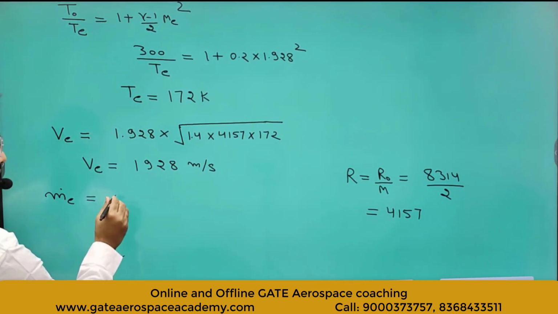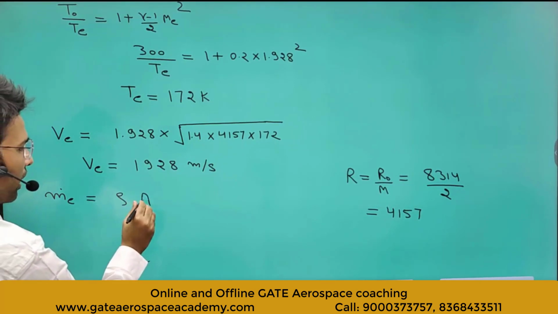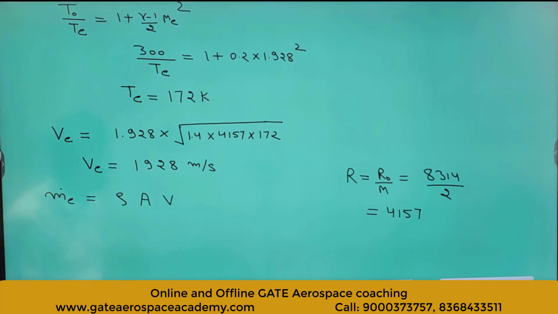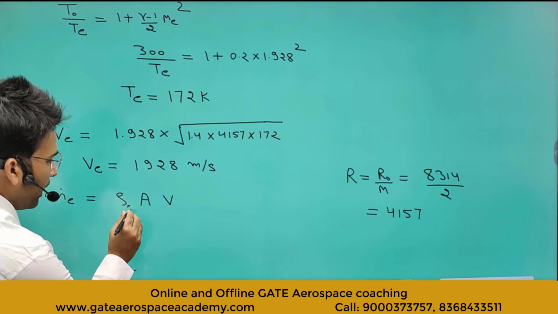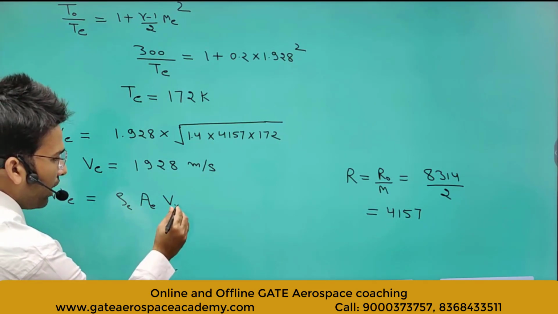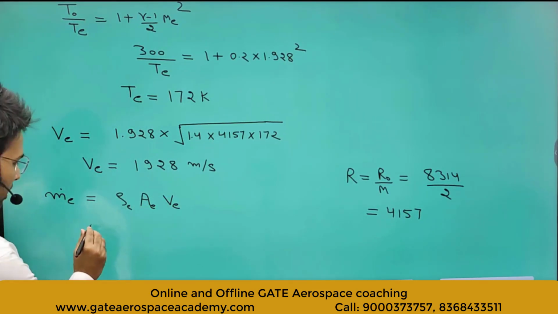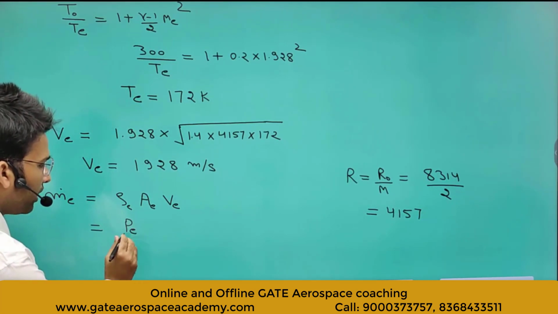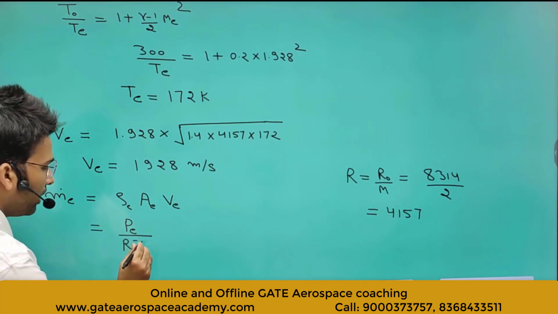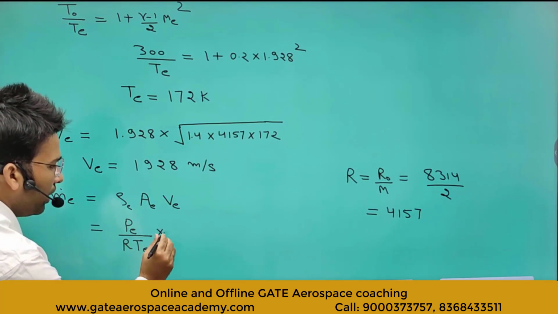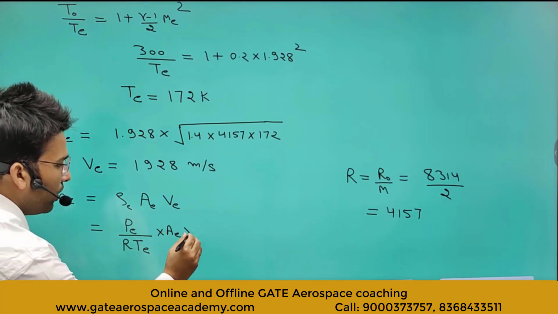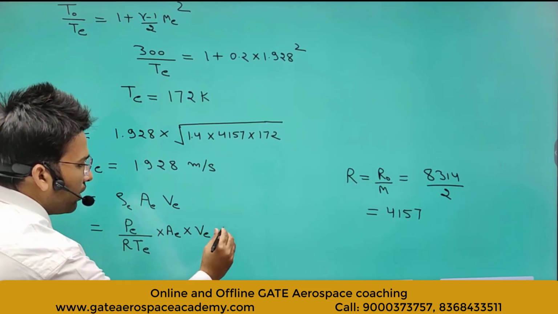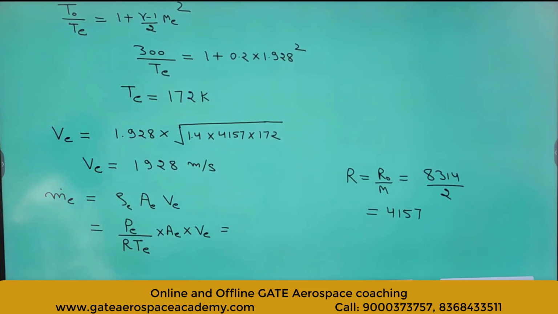What is the formula? Rho A V, right? Density at exit, exit area, exit velocity. This we can write by using equation of state: P exit upon R T exit into exit area into velocity, right?